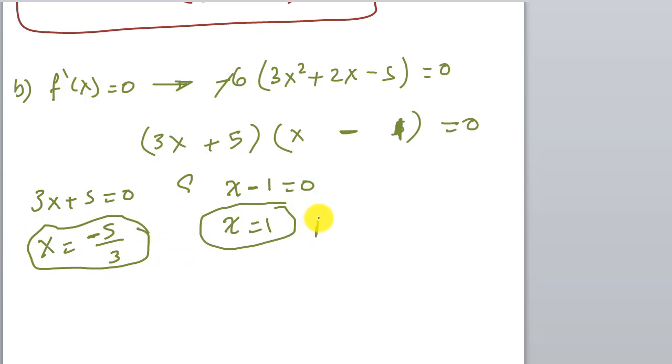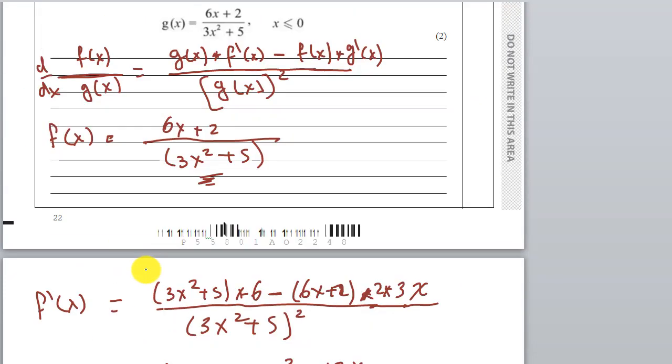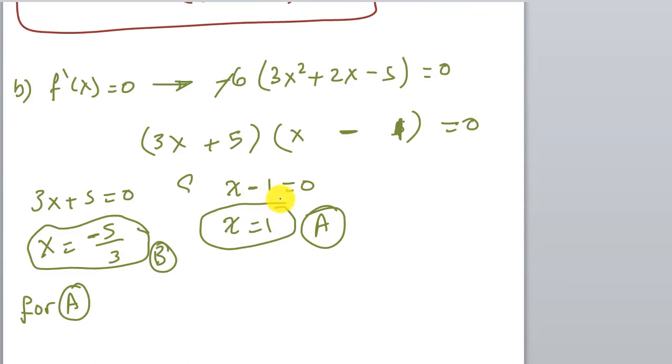and x equal to minus 5 over 3. Now this is the x of A, and this is the x of B. So now for coordinate A, where is the equation? Let's write it here. We have f of x equal to 6x plus 2 divided by 3x squared plus 5.